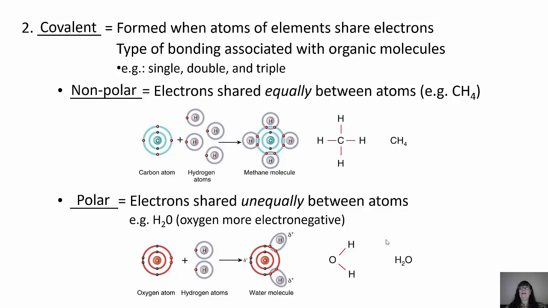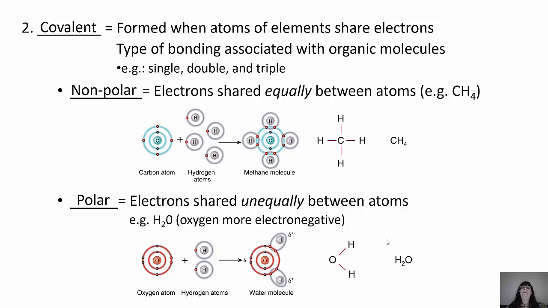Because the oxygen has a stronger pull on the electrons, it becomes slightly more electronegative. That's what the delta minus sign next to the arrow is saying: it's slightly electronegative because it has a slightly stronger pull on those negatively charged electrons. The hydrogen atoms are slightly electropositive because they do not have as great a pull on that negative charge.